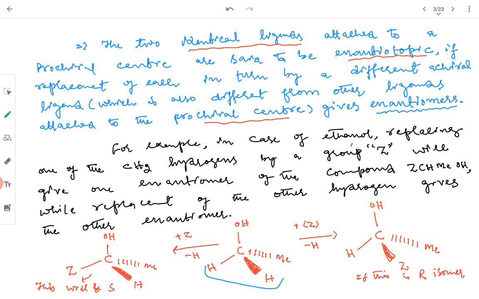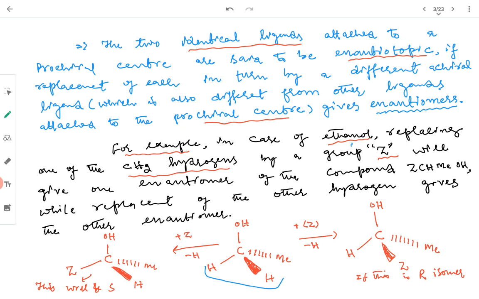For example, take the simple example of ethanol. Replacing one of the CH2 hydrogens by a group Z, suppose it's any group, if we replace these two hydrogens by a group Z one by one, they will give two different enantiomers.